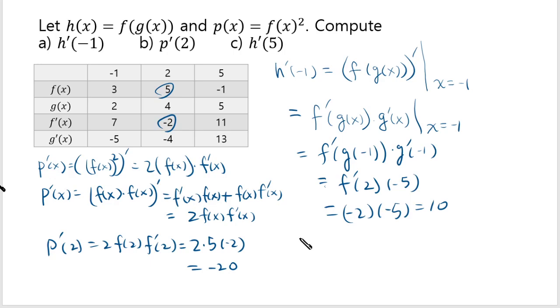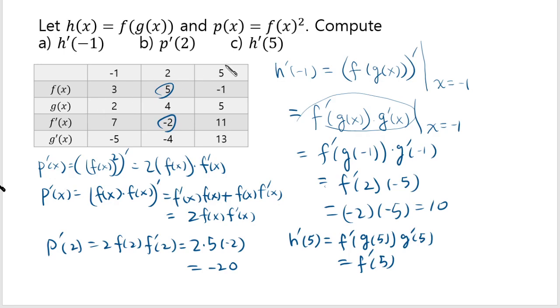Okay, and finally, h prime of 5, well, we can just use the same thing. It's this, and you replace x by 5. So it's f prime of g of 5 times g prime of 5. G of 5 is 5, so you see that this is f prime of 5.